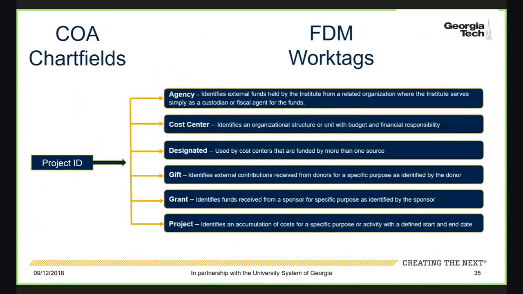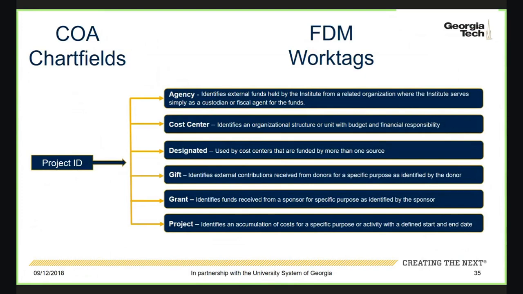Our current chart of accounts has a few limitations. One is the way we currently use the project ID chart field. This chart field is used to capture and track everything from gift and grants to capital projects and agency funds. The Workday FDM gives us the flexibility to find a work tag home for each of these within the FDM structure.